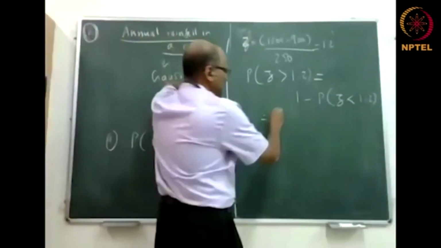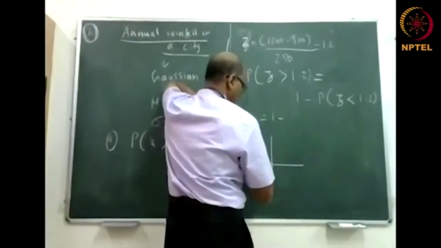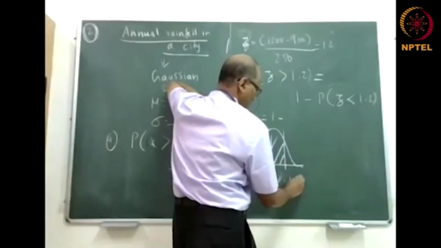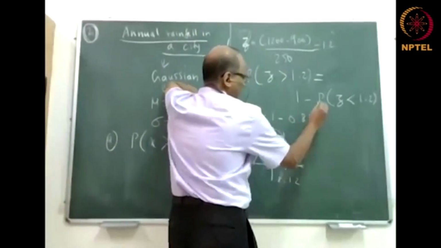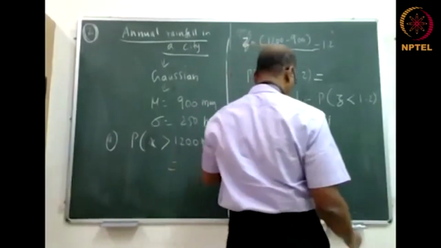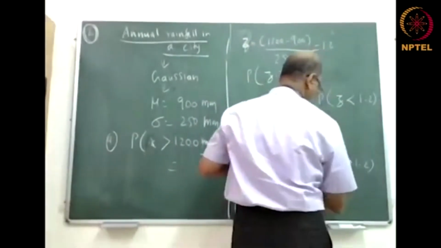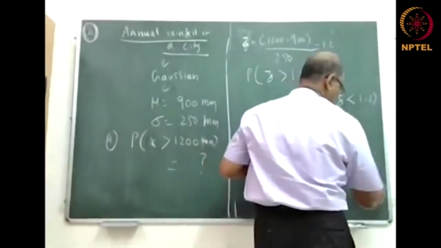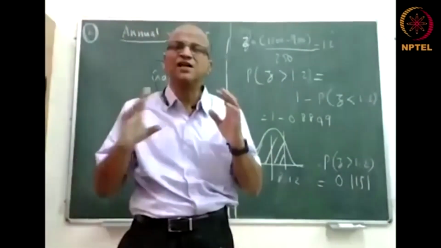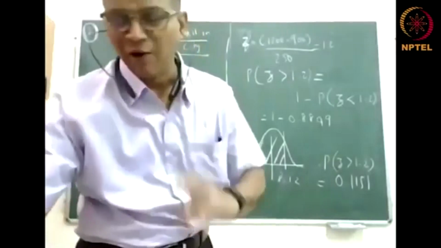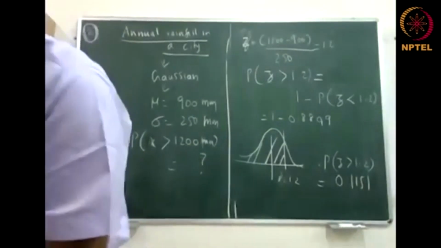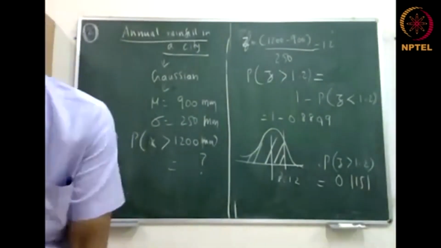And what is the probability Z less than 1.2? 0.8849. As a percentage, what will you tell, Ujjal? What is the chance that the rainfall will exceed 1200? 11.51%. 11.5%. Okay.